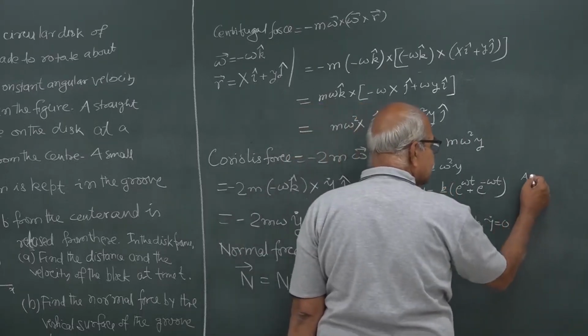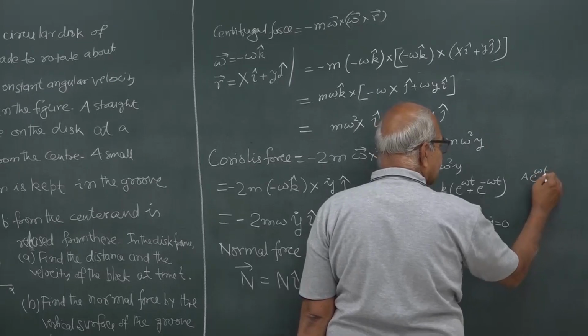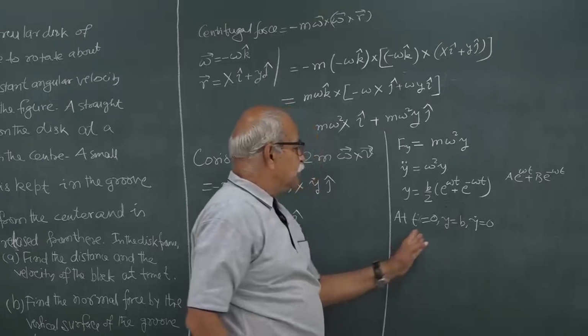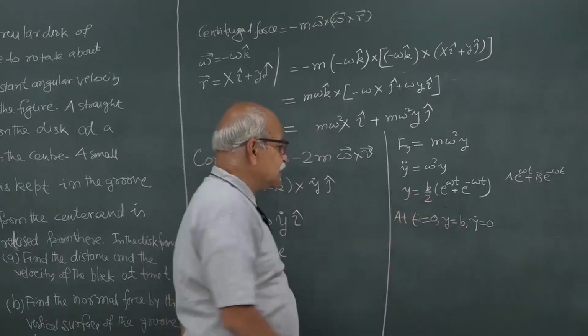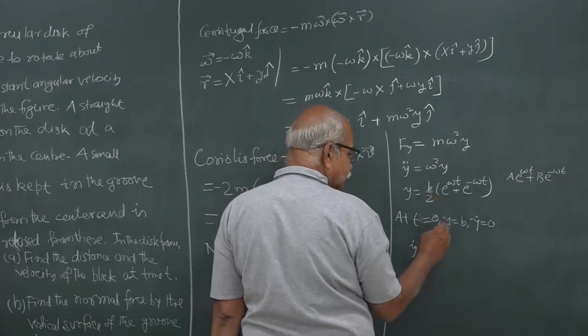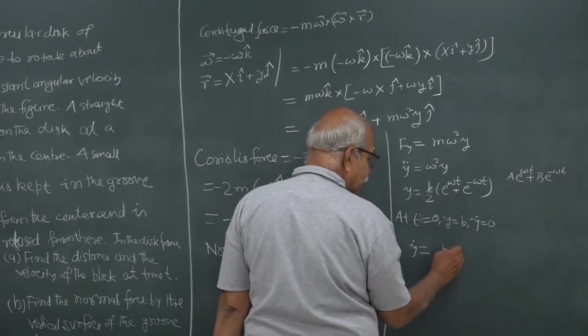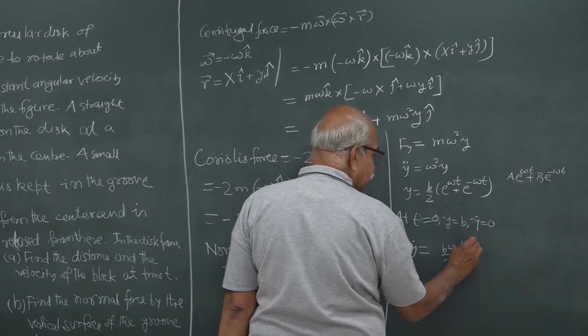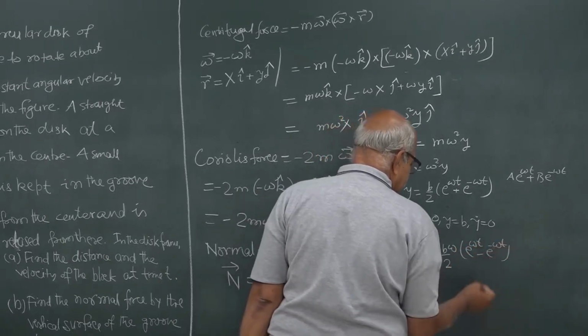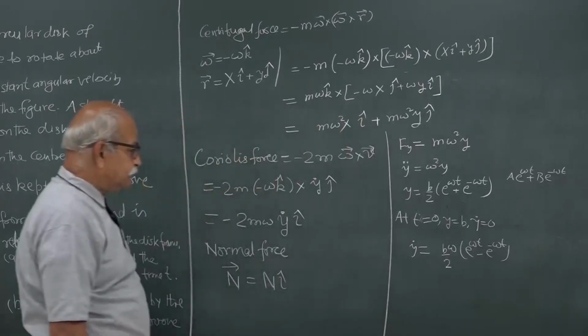When you put these conditions you get this as y, and then y dot you can differentiate. So, b by 2 and omega will be there, e^(omega t) minus e^(minus omega t). So, that is the velocity in y direction.